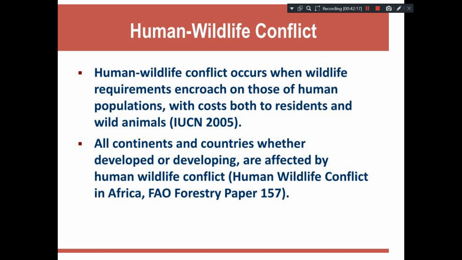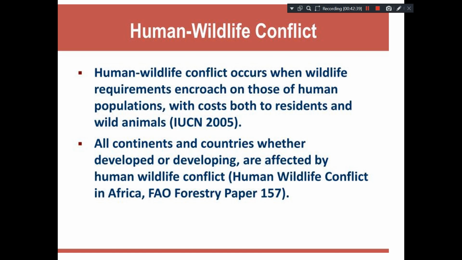Generally this happens when wildlife encroach on human population. Naturally it will cost both the residents as well as wild animals. For us, there will be loss of crops, and for animals, many times it's a loss of their life.